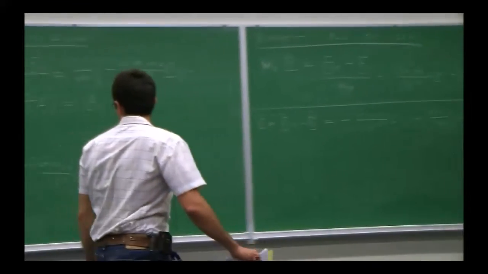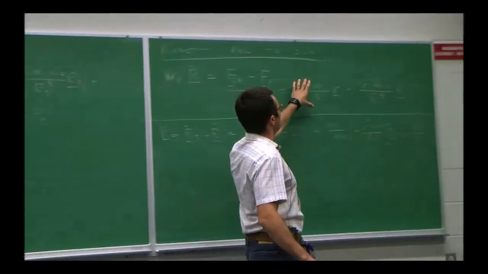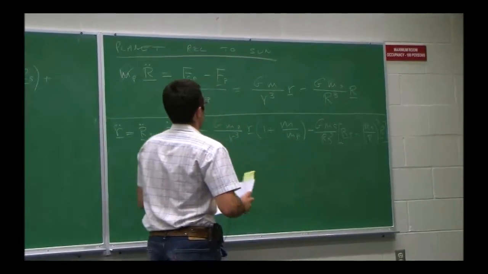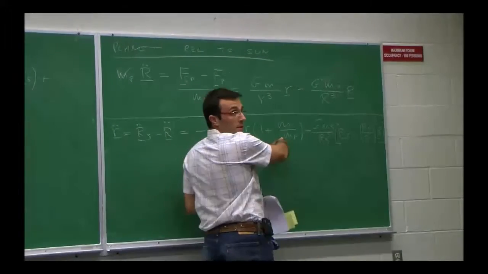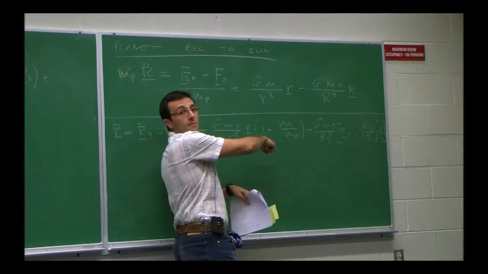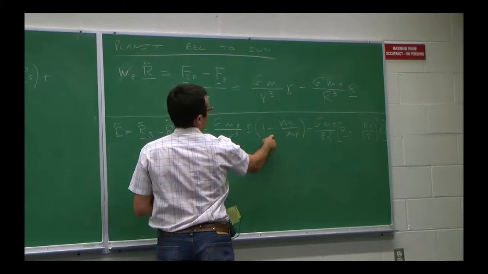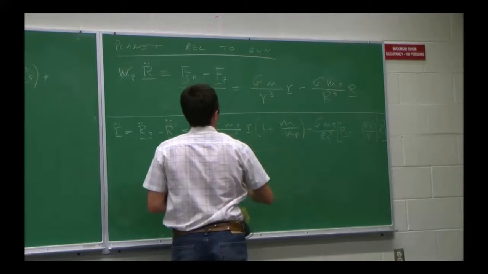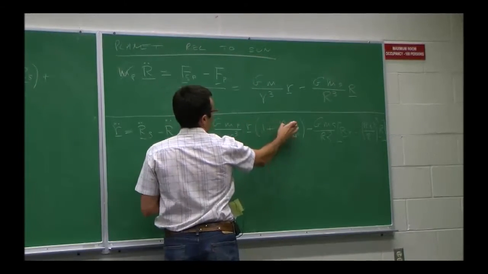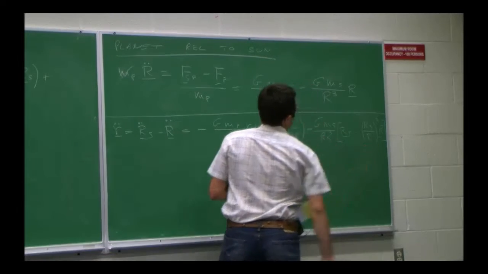So those are there. And then I am subtracting these two pieces. And here is the first one. It gives me this little m over mp. We see that? Remember, I'm subtracting, so the minus goes outside and there is a plus here. Because the G, m, r cubed, r, it's all in common, except the little m is different, so I'm dividing by mp right there. And this term is here.